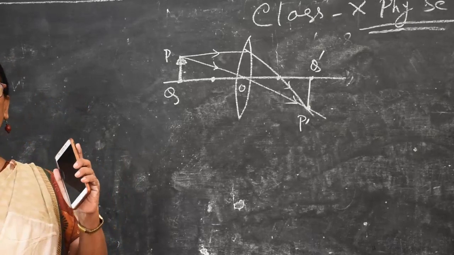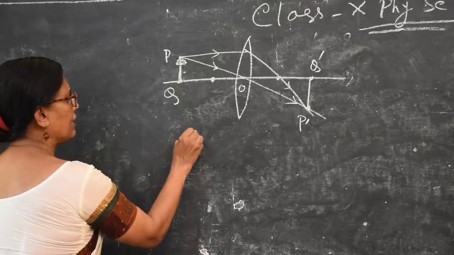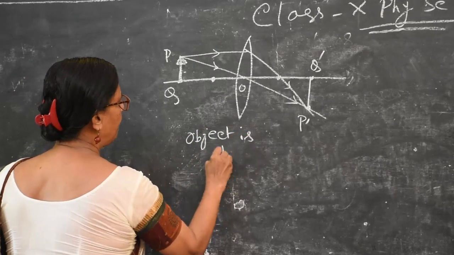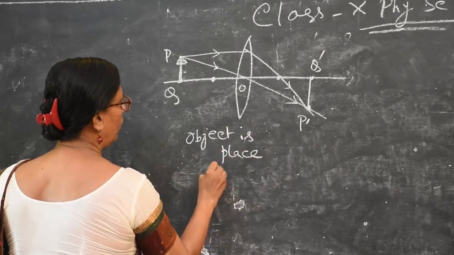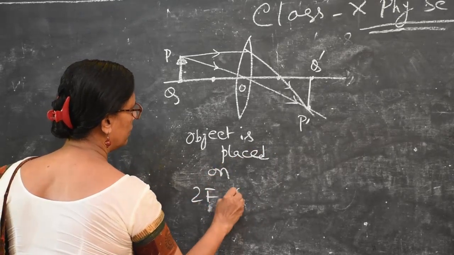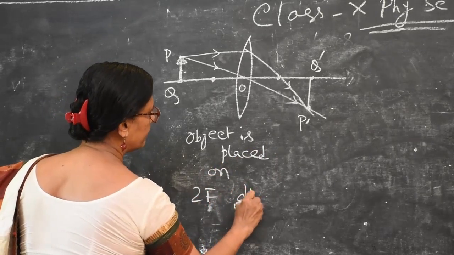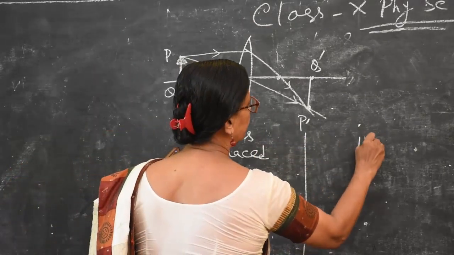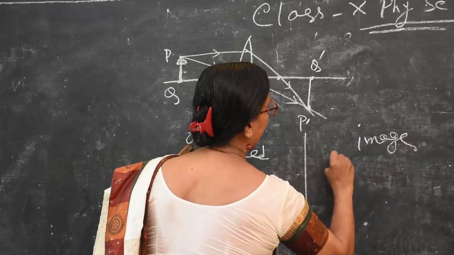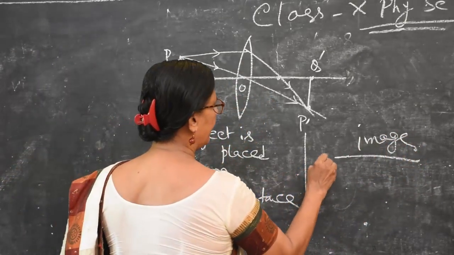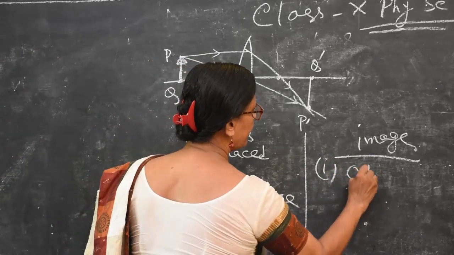The object is placed on 2f distance. And what is the image? Image characteristics and image points. First one is the image is on the opposite side.